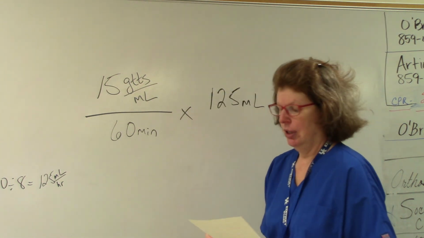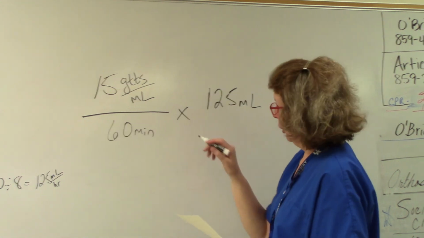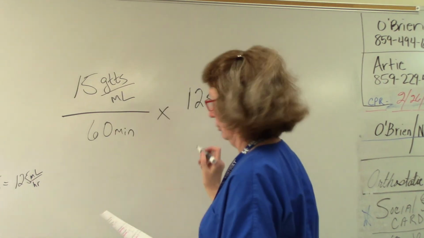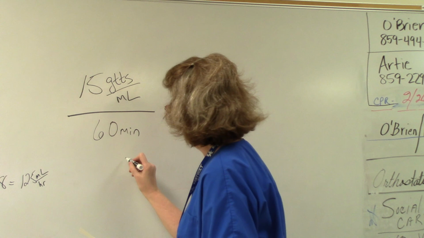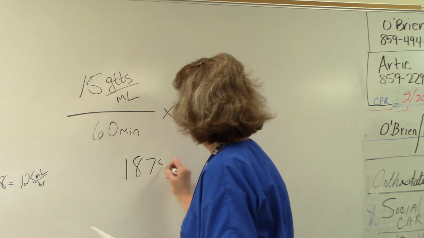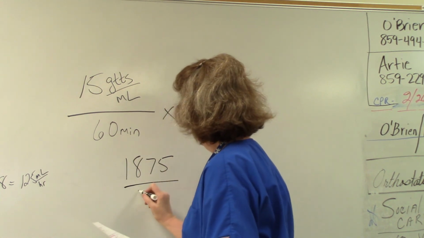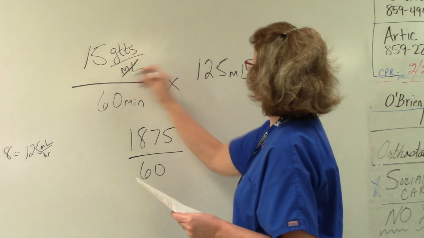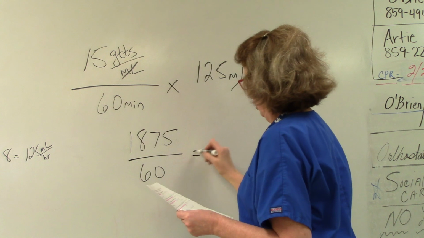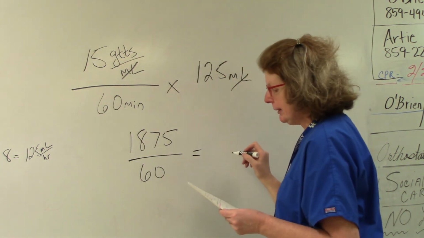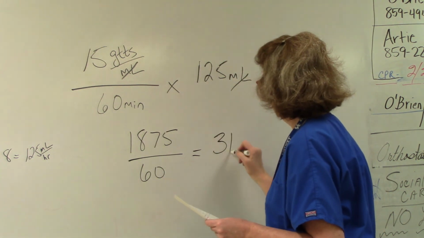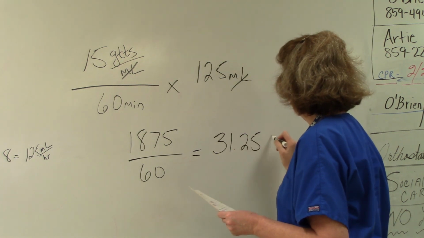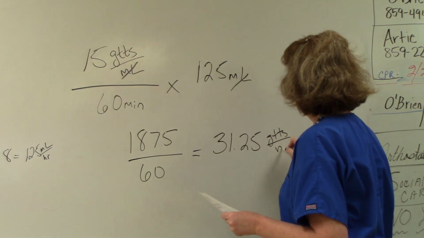milliliters. So if I work that problem out, I cross multiply, I get 1875 over 60 drops per minute. Divide 1875 by 60 and I get 31.25 drops per minute.